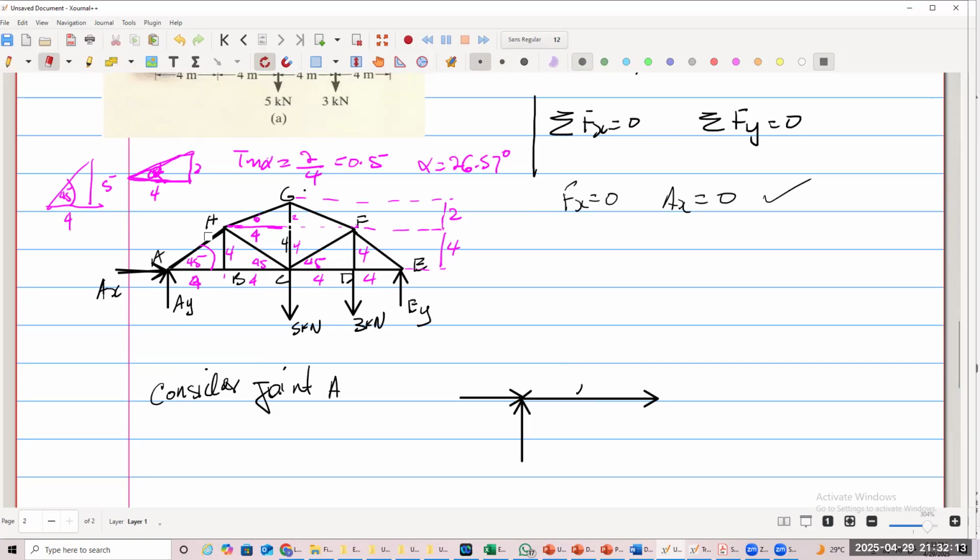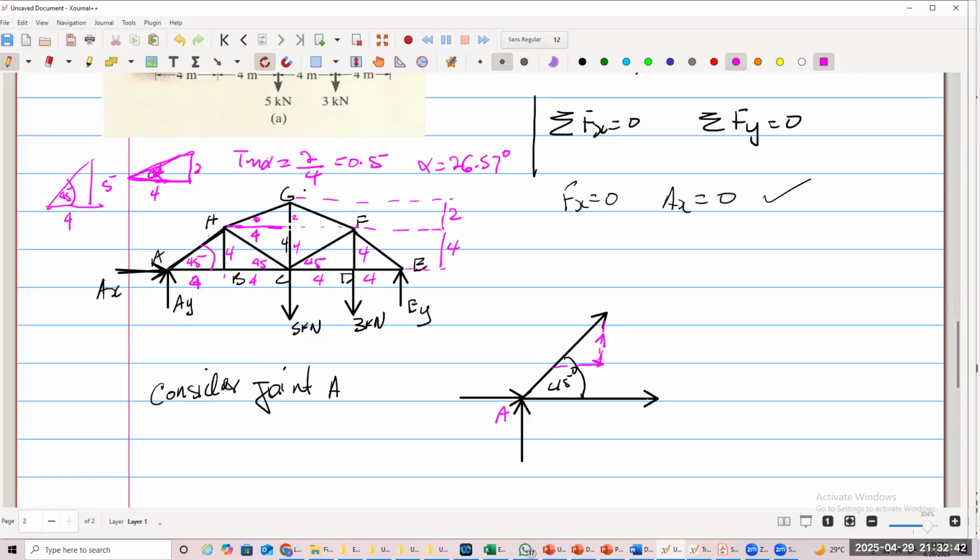Let's redraw that one, a little bit steeper, something more like that. Okay, now this is 45 degrees. This force will have two components, one vertical and one horizontal. So we label them.